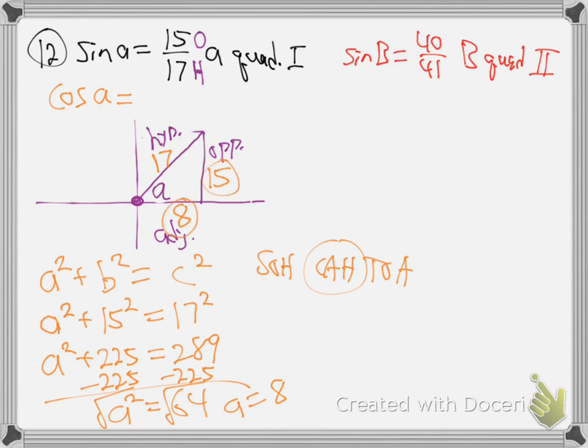Isn't the hypotenuse 17? Oh, thanks. So it's 8/17, adjacent over hypotenuse. Oh, I circled the opposite. That was craziness. Adjacent over hypotenuse.